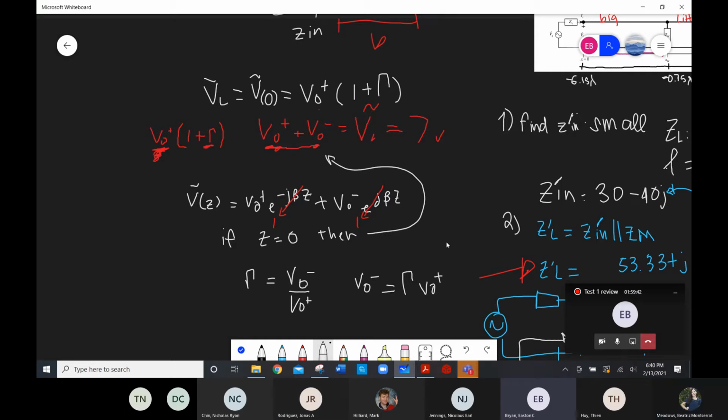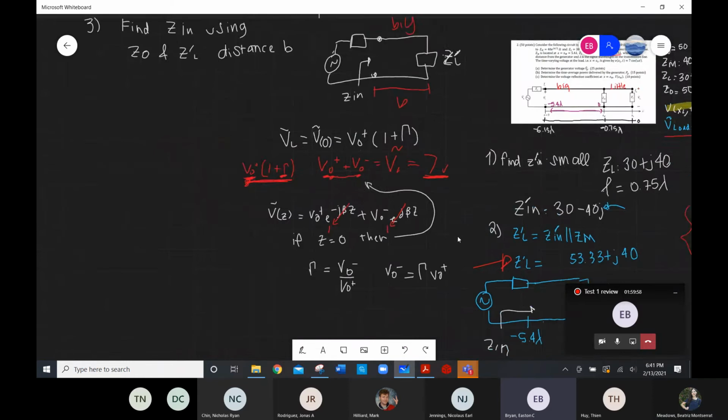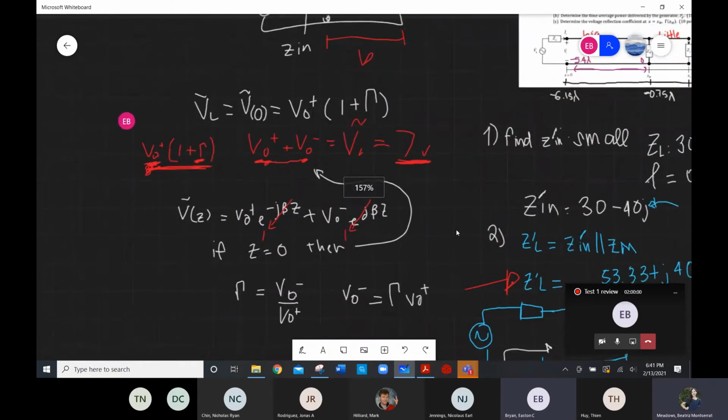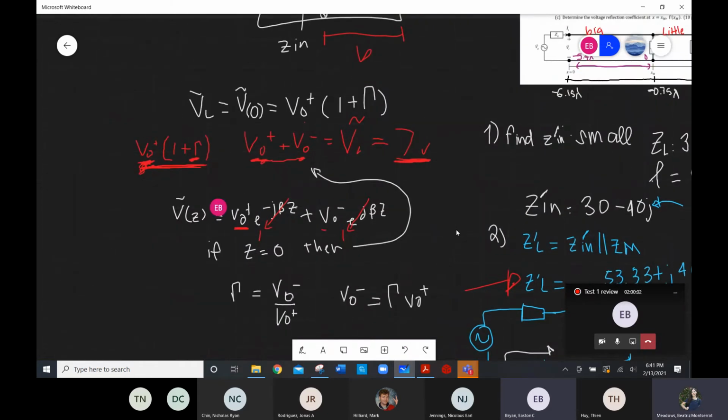You already have gamma because you have the load impedance and characteristic impedance, and you have that VL equals 7 volts. So now you can get V0 plus. Just like where I factored out V0 plus, you can also factor it out on this equation.